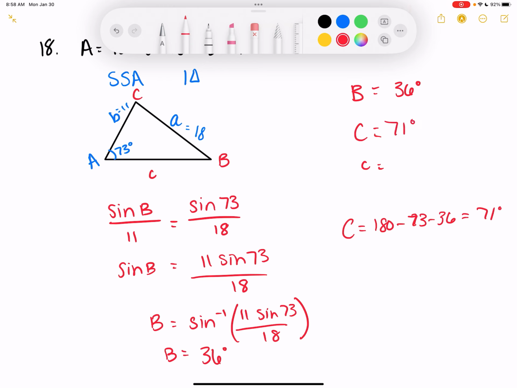And then side C, I obviously have to use the found number of 71 for the degrees, but that's fine. So C over sine of 71 is equal to, I'm going to use A, 18 over sine of 73. So C is equal to 18 sine of 71 over the sine of 73.